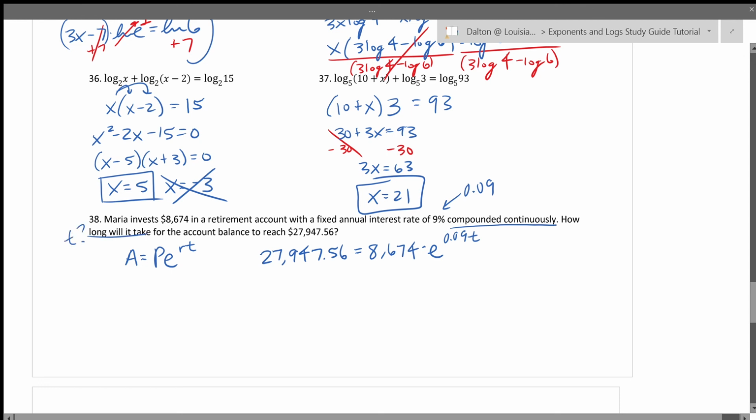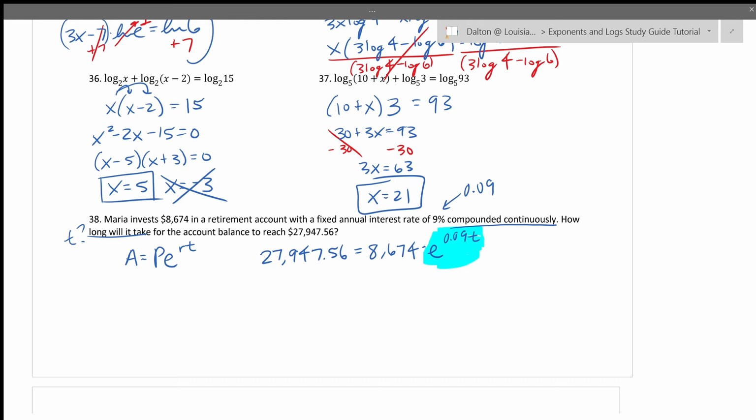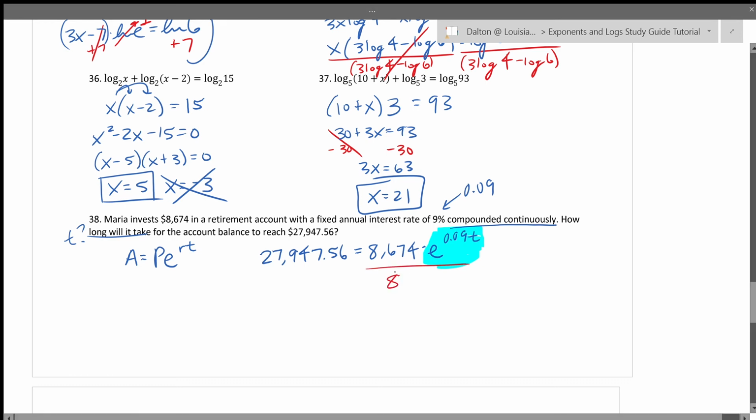That's our unknown. So now this question becomes just like these solving questions up top. My exponential term, and my unknown is a part of an exponent. So I want to isolate that term first. To do so, I'm going to divide both sides by 8,674.